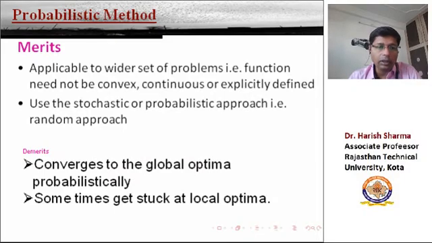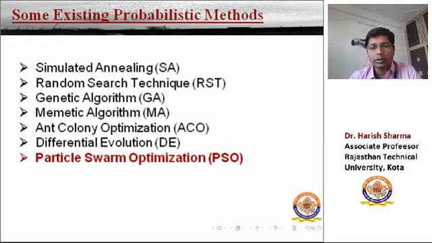Some of the existing probabilistic methods are: simulated annealing, random search, genetic algorithm, memetic algorithm, ant colony optimization, differential evolution, particle swarm optimization, artificial bee colony algorithm, biogeography-based optimization algorithms, and many more. More than 500 algorithms are right now available in research articles.